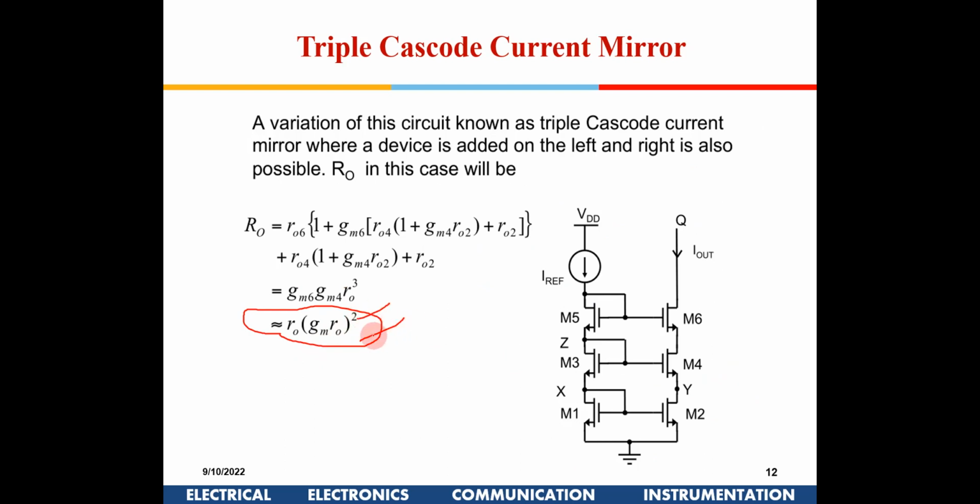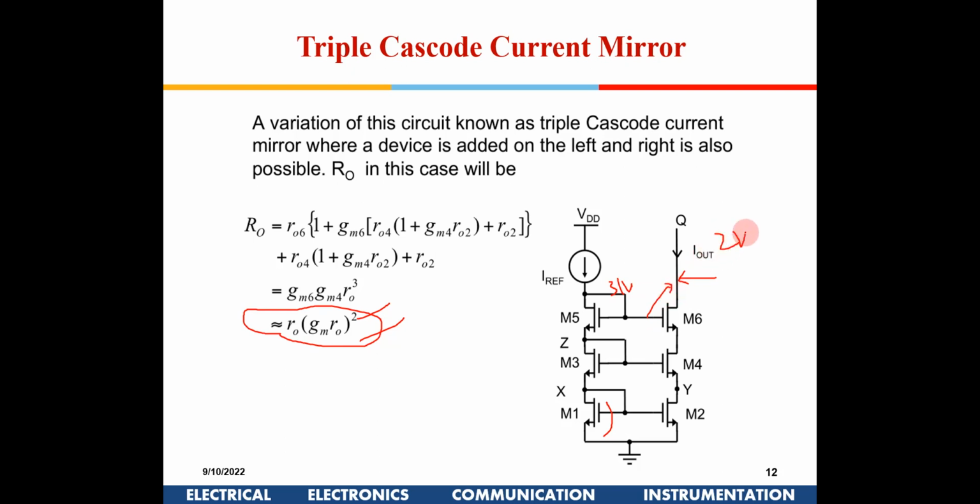Again this also doesn't have any systematic error, but it will require much larger headroom now. If you try to compute the headroom, from here to here it will be 3 VT plus VOV, and then 1 VT can be removed here.